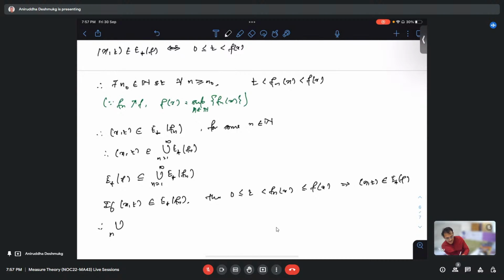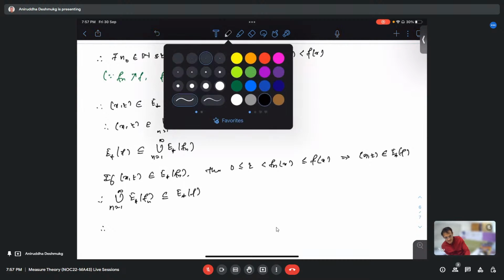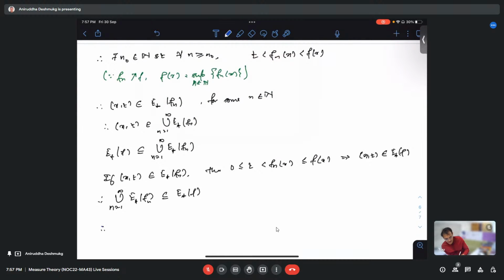Therefore, this union is anyway contained in E lower star f, and hence these two are equal. Therefore, E lower star f is equal to the union of E lower star Fn. And let us call this result B.